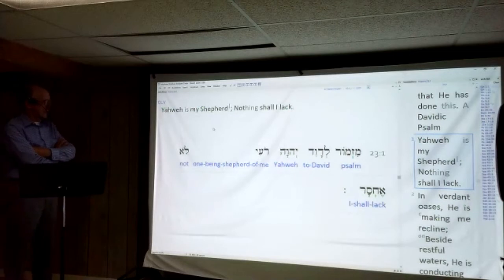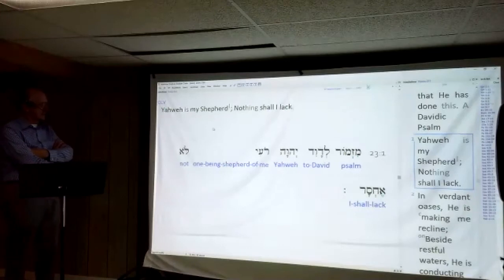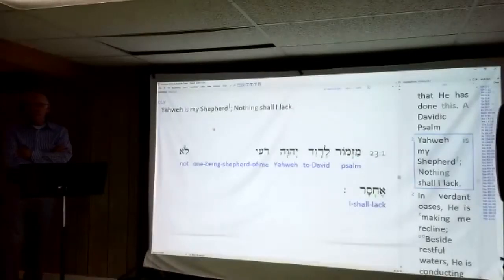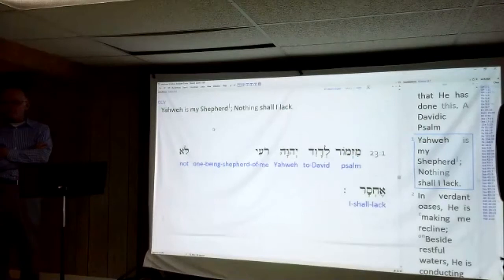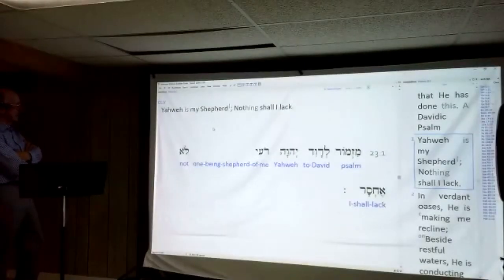My shepherd. The Yod on the end makes it possessive. Ro'i is my shepherd. Ro'eh is shepherd, a different vowel ending. All right, so Ro'i is my shepherd. So Yahweh is my shepherd.